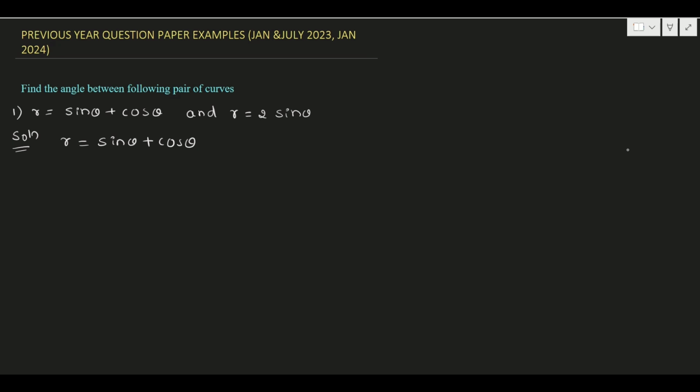What is the procedure? We use the method of taking log on both sides. When you take log on both sides, it is log r = log(sin theta + cos theta).